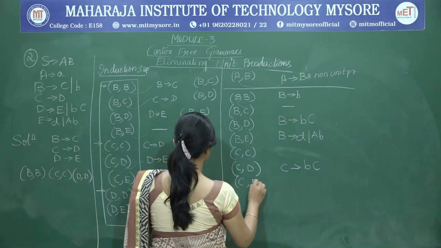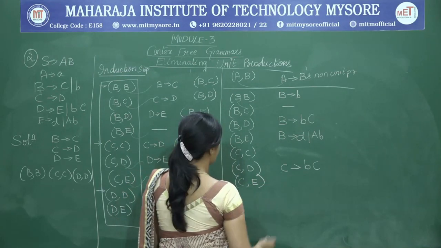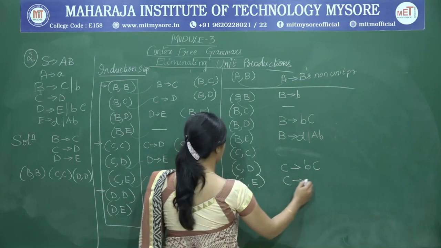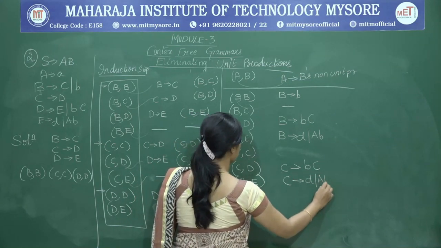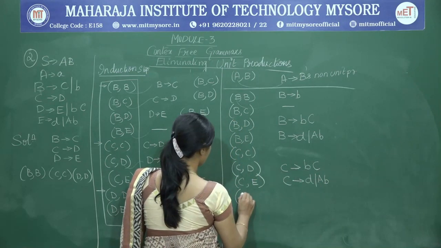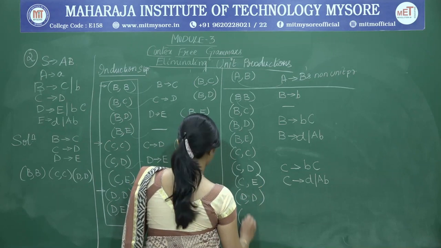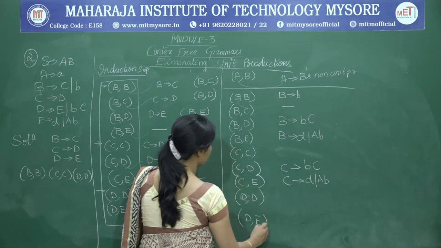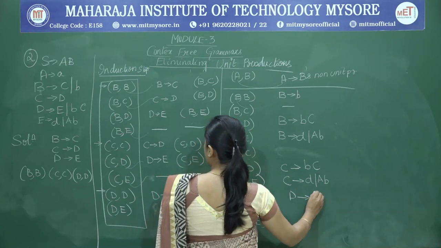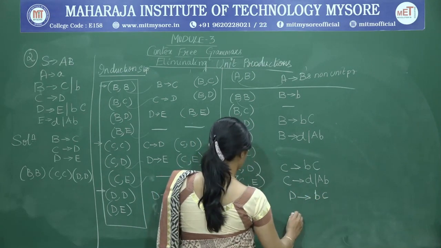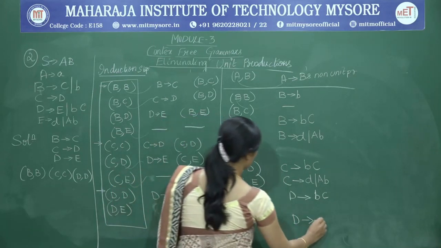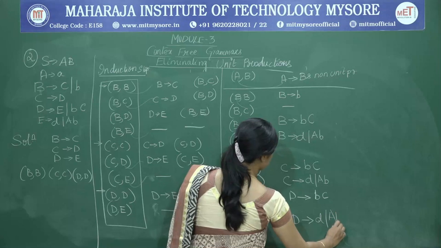Next C comma E. C goes to E's non-unit productions, so D and AB. Next D comma D and D comma E. Here D goes to D's non-unit production, which is BC. Here also D goes to E's non-unit productions, so D and AB.